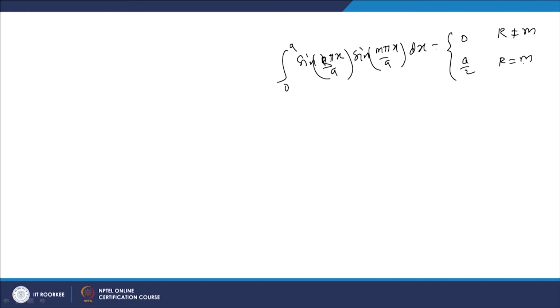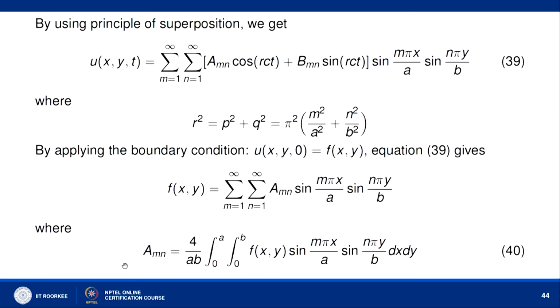So using this orthogonality condition, in terms of both x and y, we have obtained our coefficient a_mn as 4/(ab) integral 0 to a, 0 to b of f(x,y) sin(m pi x/a) sin(n pi y/b) dx dy.